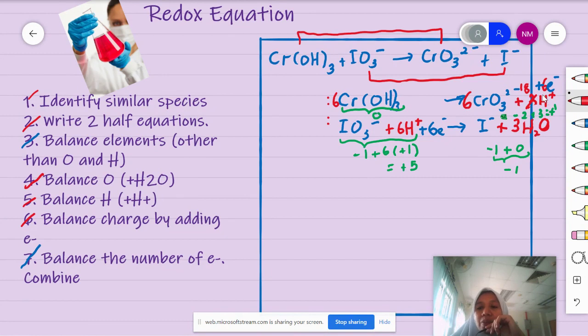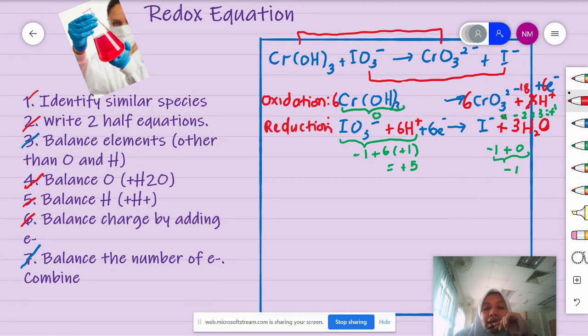Therefore, the process is called oxidation. Second one, look at this electron. Electron is added, it gains electron. Therefore, the process is called reduction.